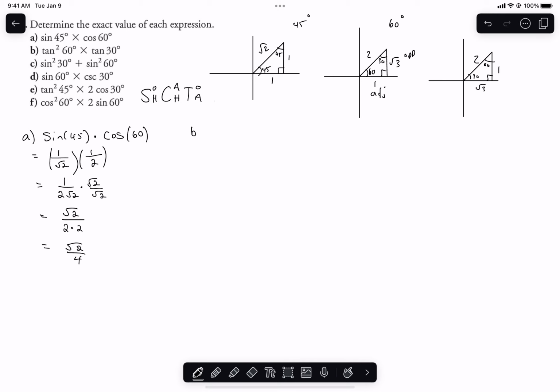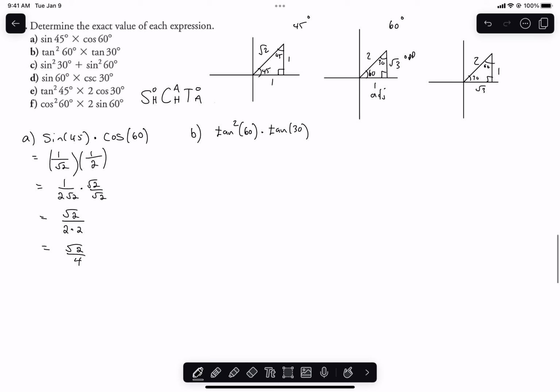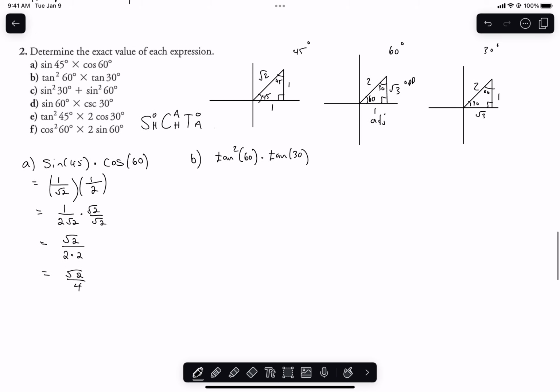Okay, so for question B, I get tan squared 60 multiplied by, use a dot, the tan of 30. I'm referencing the 60-degree triangle and the 30-degree triangle at the end.